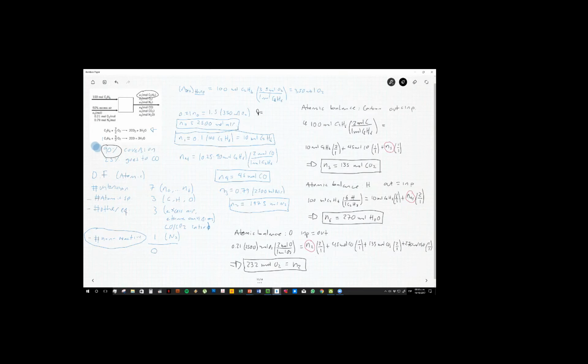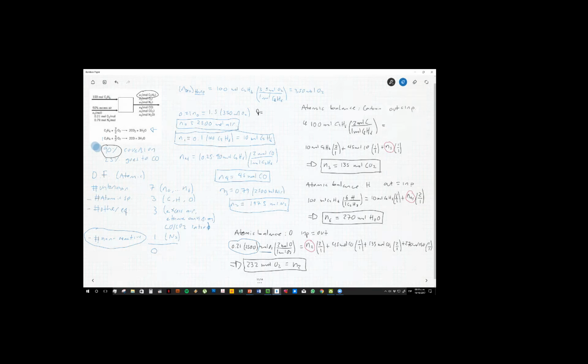Why do we multiply 0.21 in the atomic balance? Which balance? This one, the atomic balance of oxygen? Yes. Because here we're calculating, let me put another color to put it down. So here the 0.21 times the 2,500 moles is to obtain the moles of oxygen, right?